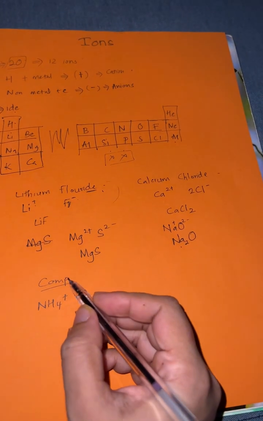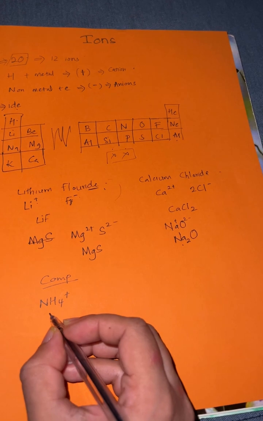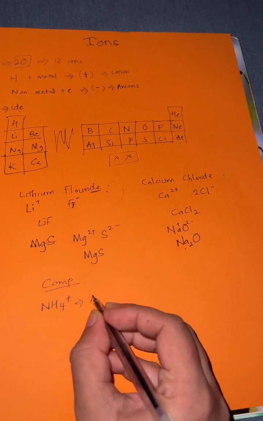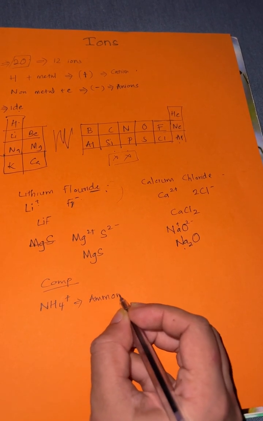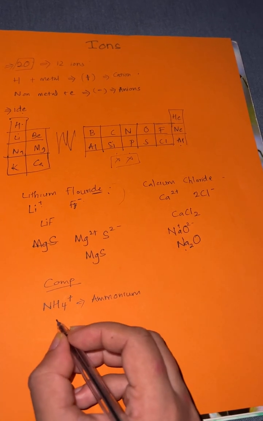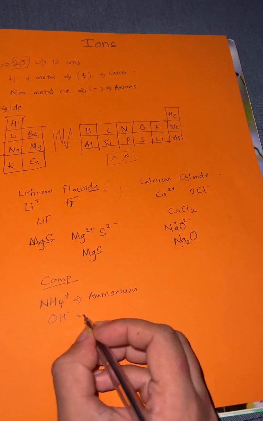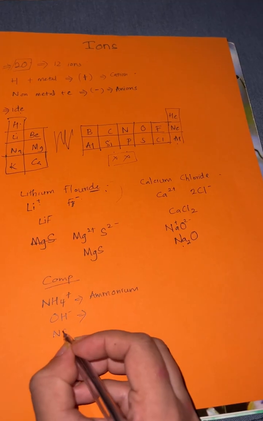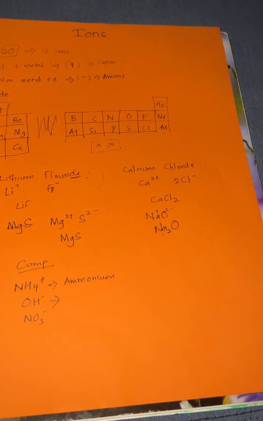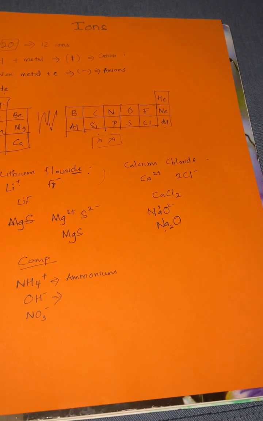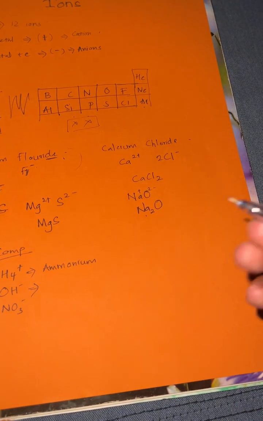A compound ion is also there; a group of atoms can also have charges. This is the ammonium ion. This is OH minus, the hydroxide ion, and the nitrite ion.